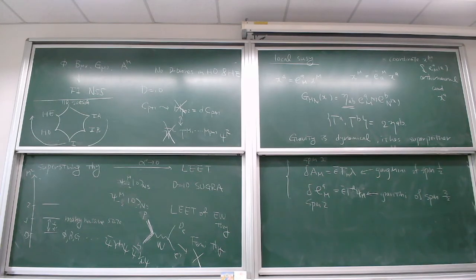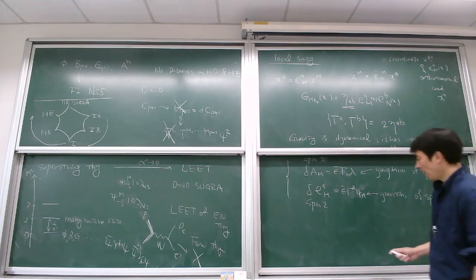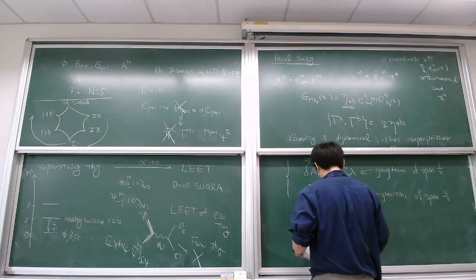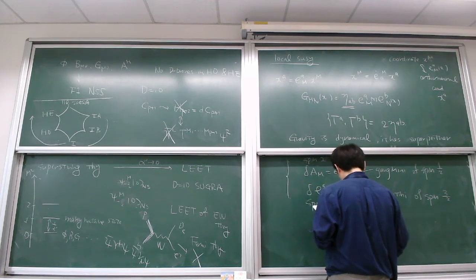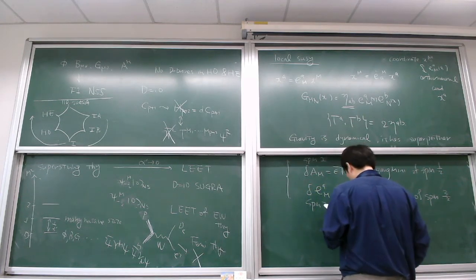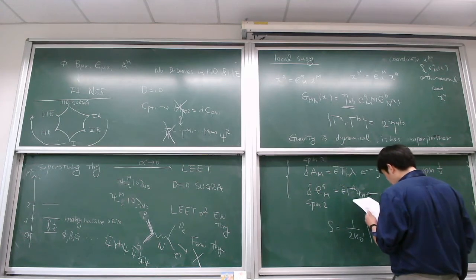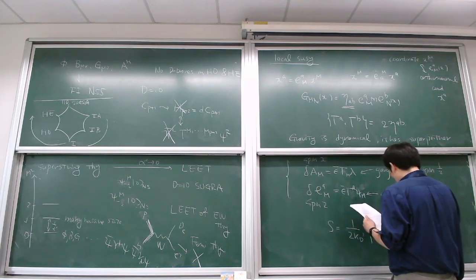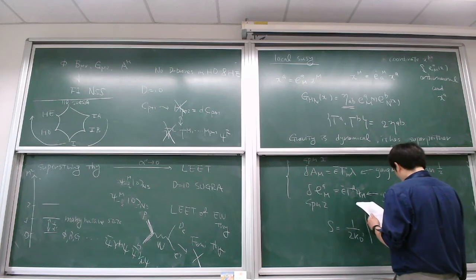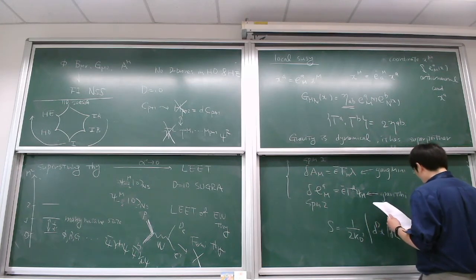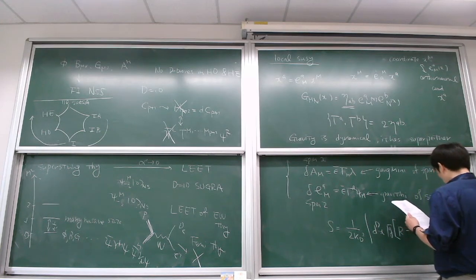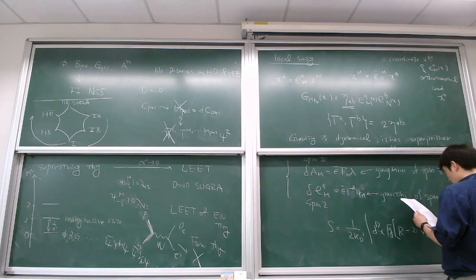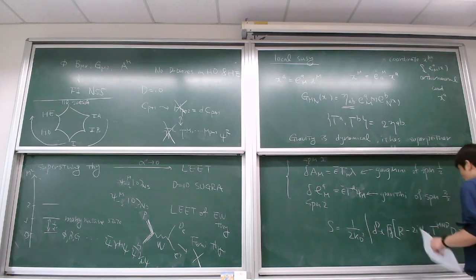And then the action is usually given as follows: 1/(2 kappa squared) integral d^4x square root of g, R minus 2i psi_m-bar gamma^mnp D_n psi_p. Okay, so this is the usual supergravity action.